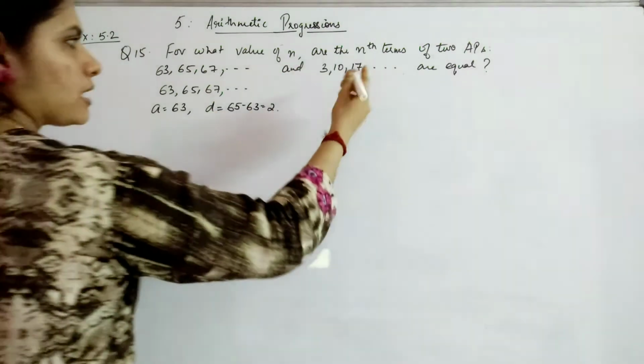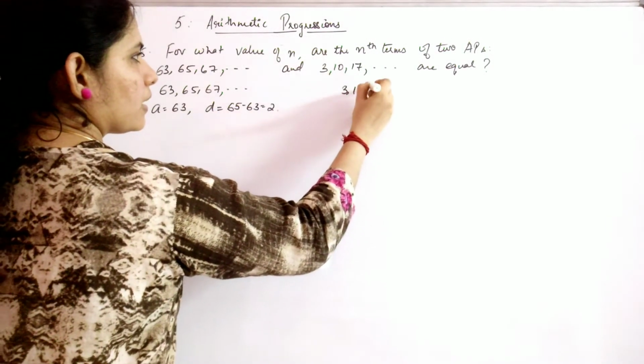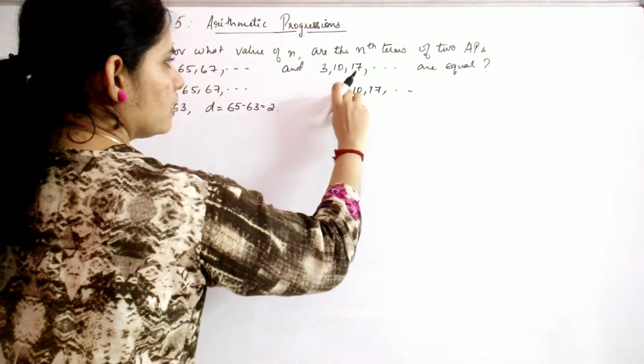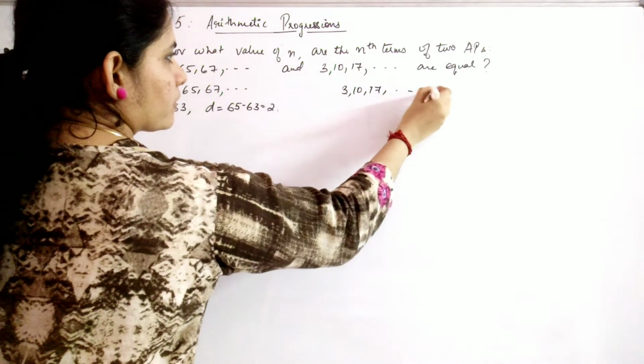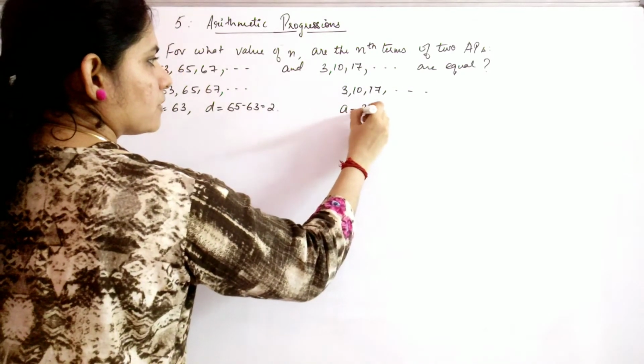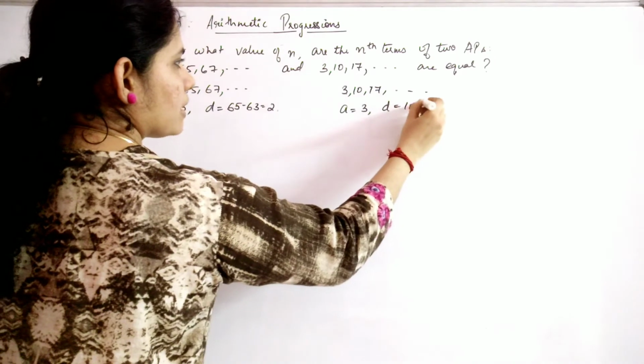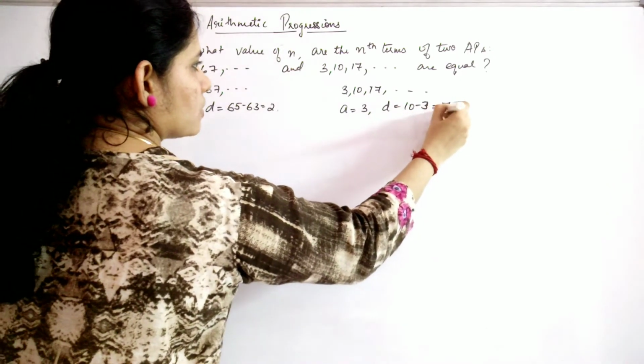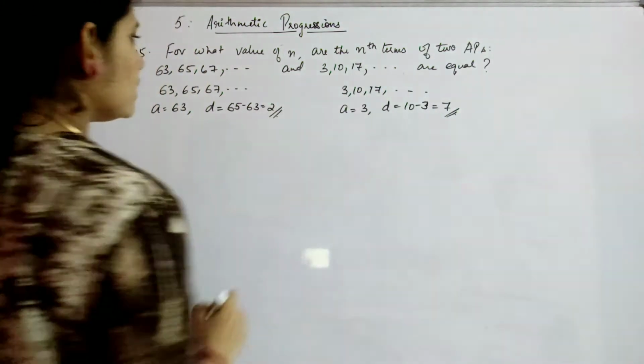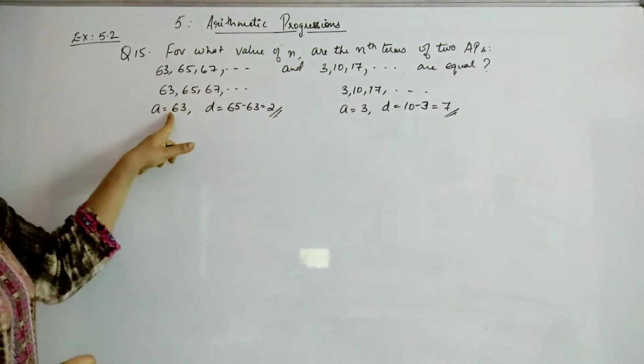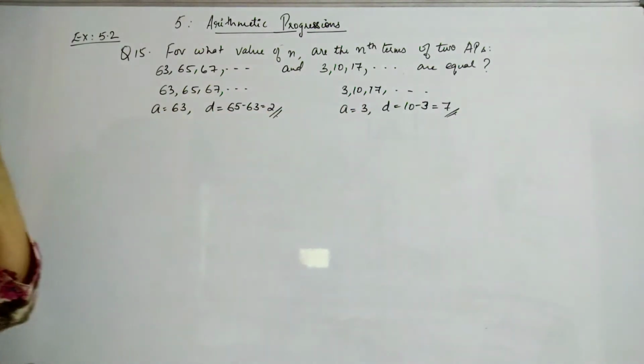Now for the second series, which is 3, 10, 17, etc., your A will be 3 and D will be 10 minus 3, which is 7. So here your D is 2, there it is 7; A is 63 and there it is 3. Now they are saying that the nth term for both the APs is equal.